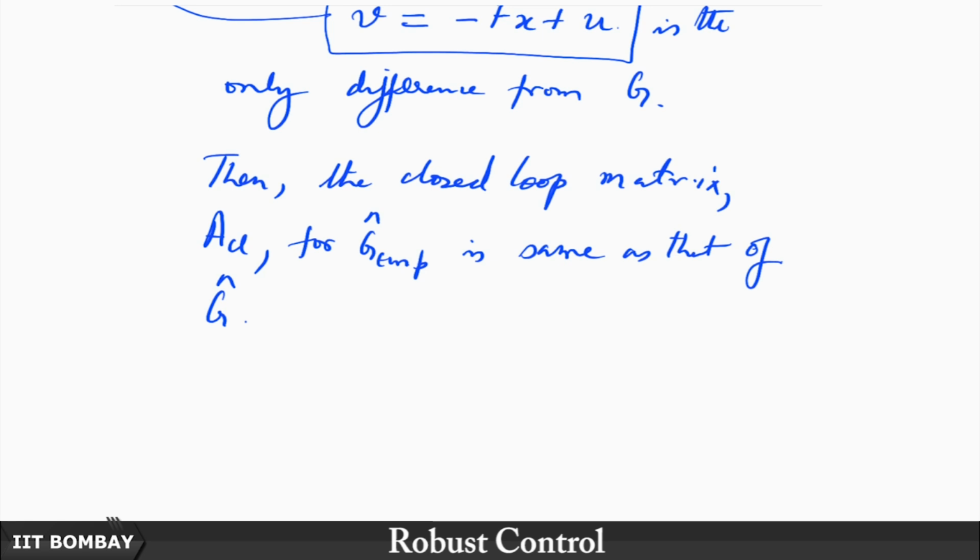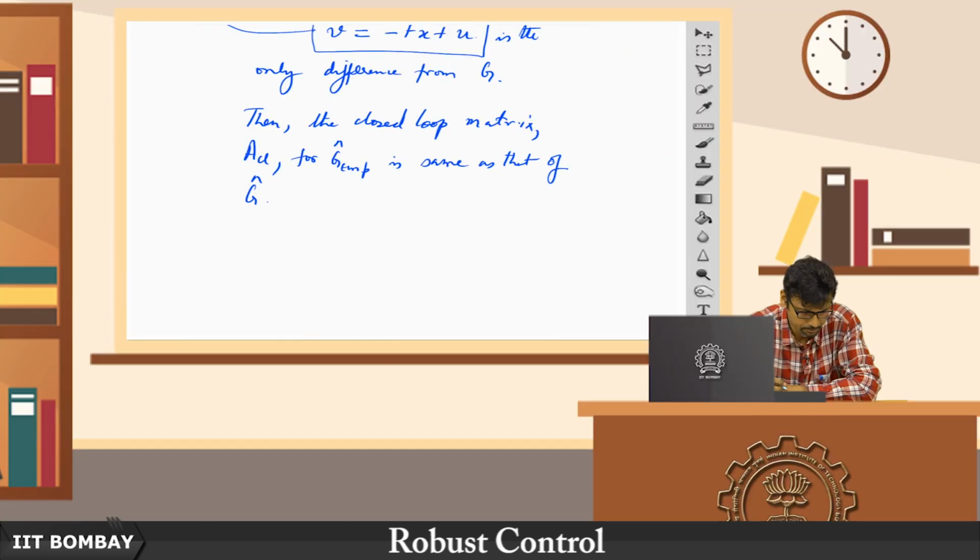What I mean by that is, if you put G_TMP now in place of G in the star product, the closed loop matrix ACL that you will be getting is the same. Hence, what we are now going to claim is that any K, any controller that stabilizes G, must also stabilize G_TMP and vice versa. In other words, the question about obtaining a stabilizing controller for G and that for G_TMP are equivalent questions.